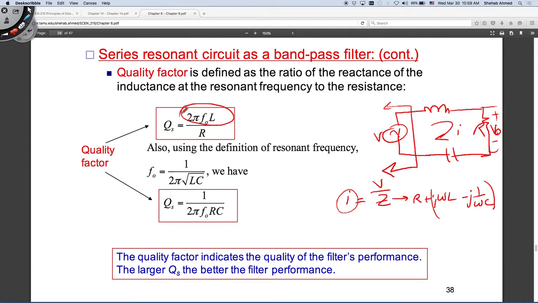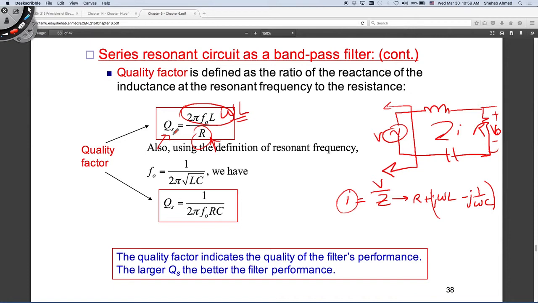So the quality factor is basically this 2 pi FL, so it's the omega L. It's the inductive impedance over the resistance. The resistance is what we're left with when the filter is at resonance, right? So we would like the omega L, this impedance, to be as large as possible, right? So that's the quality factor, or is an indication of how good of a job you're doing, right?